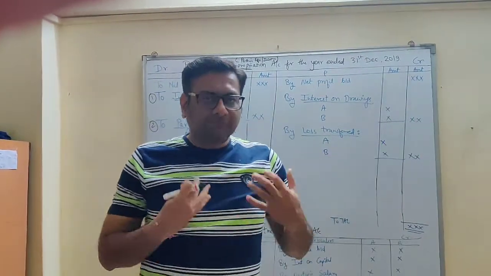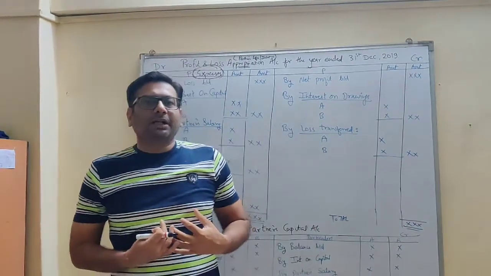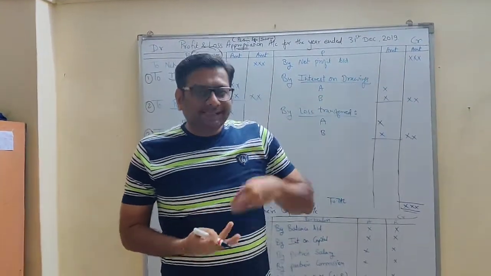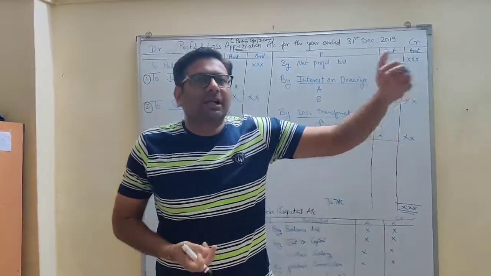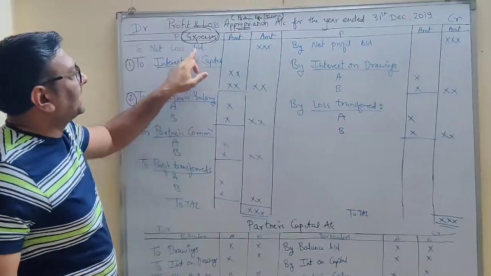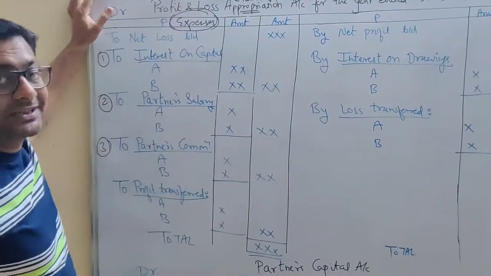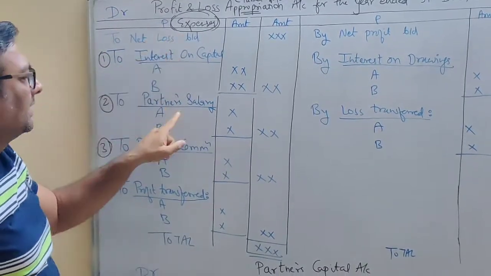We are a business, we are using the capital money of the partner. So when we use the partner's money as capital, we have to pay interest on the money which we are using. So when we pay, it's an expense. So interest on capital is an expense and we are sticking to our rule. What is our rule? Debit all expenses.